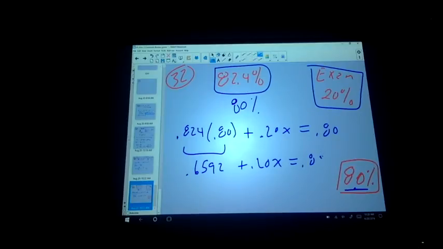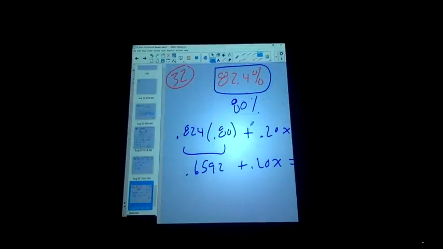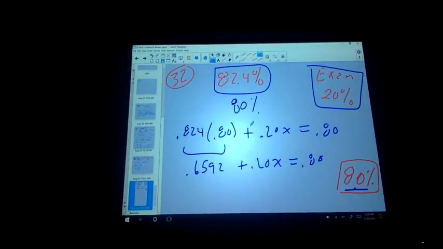All right, you're going to subtract 0.6592. I'm trying to see if it'll work if I flip it over. So 0.80 minus 0.6592. Anybody? 0.1408.